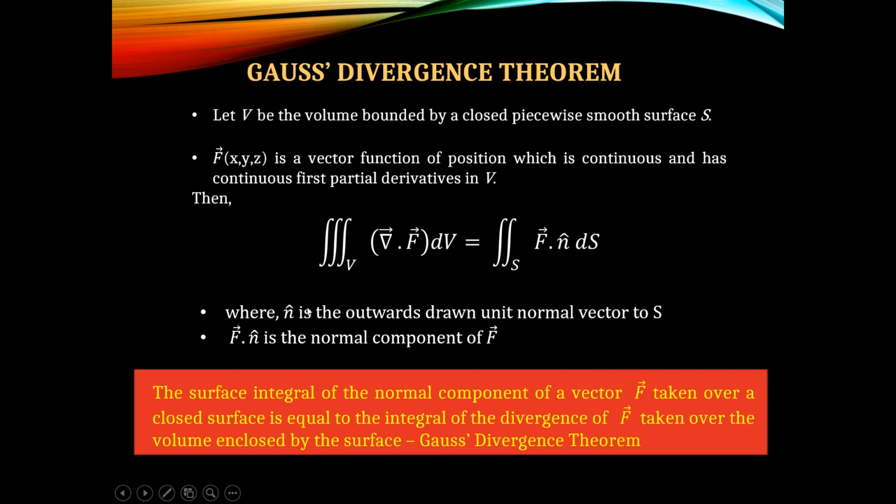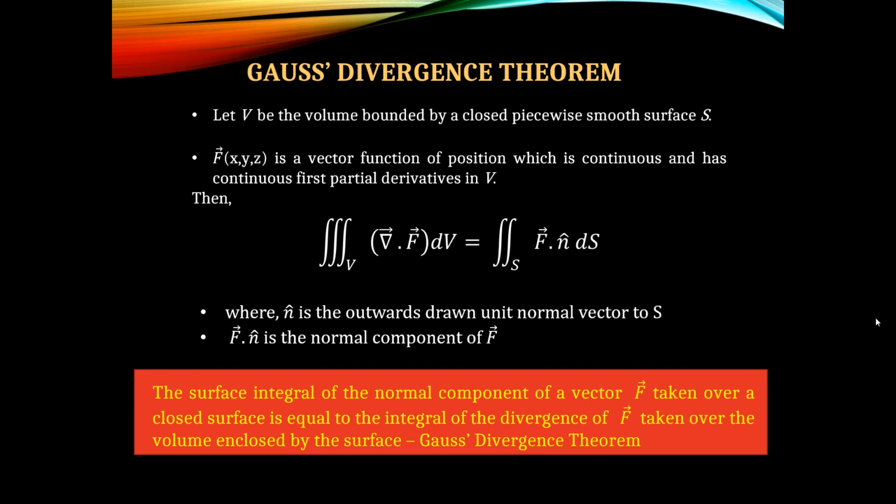So here we have unit vector n, which is a vector drawn normal outward to the surface. So, f dot n will be the normal component of the vector f.